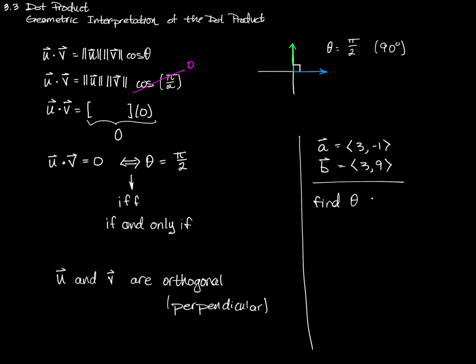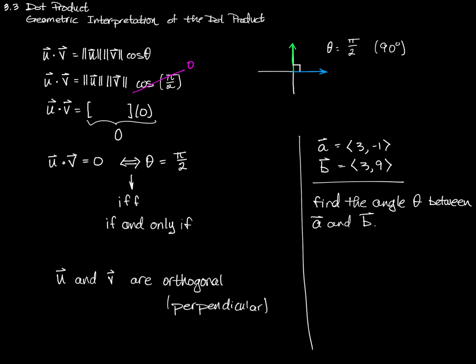Find the angle between vector A and vector B. Well, I know I'm going to need the dot product at some point anyway, right? And I'll figure out what the dot product is, and then I'll divide by the product of the magnitudes.